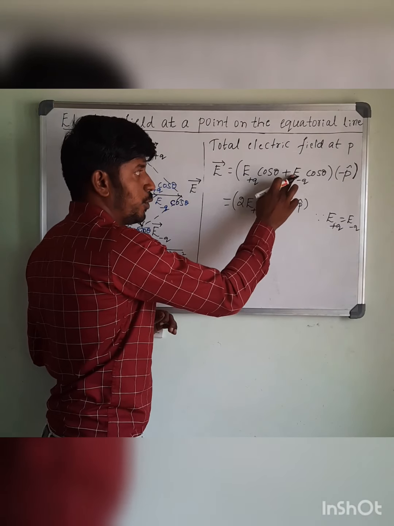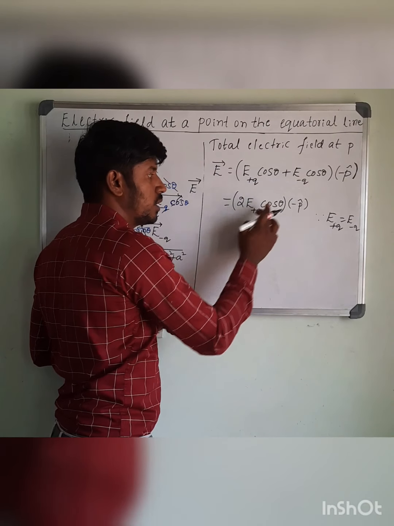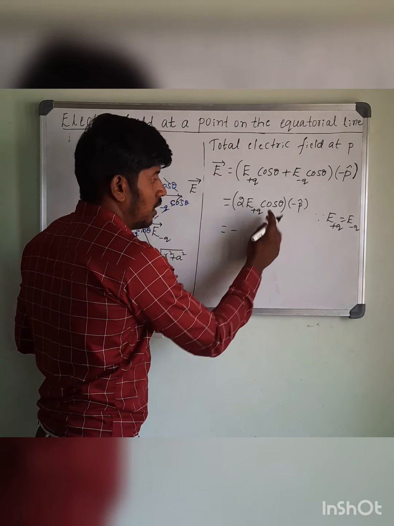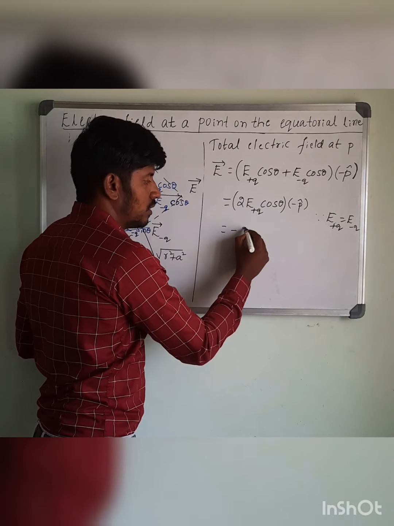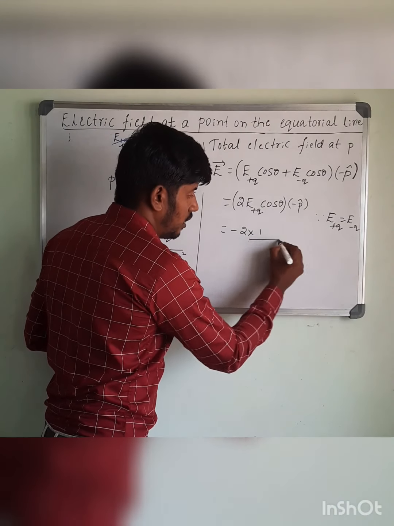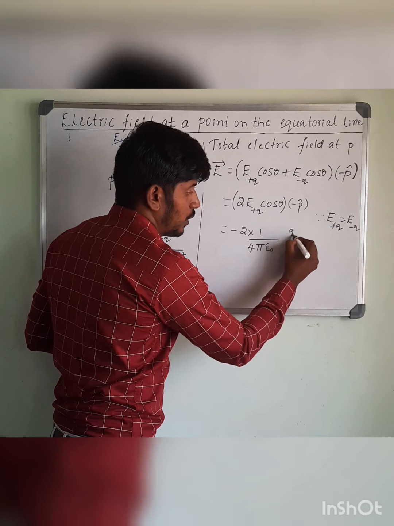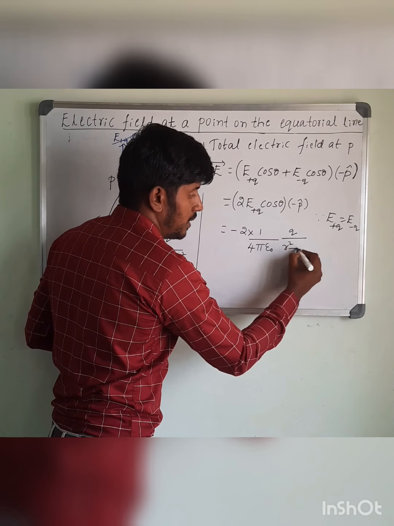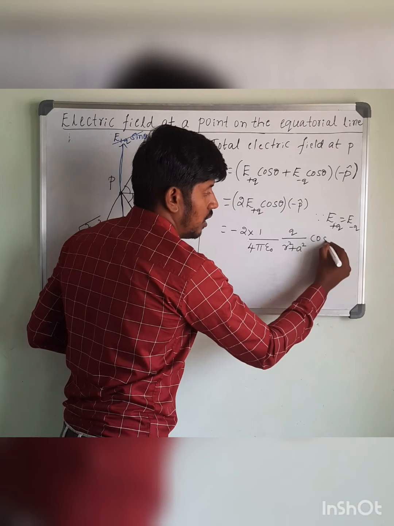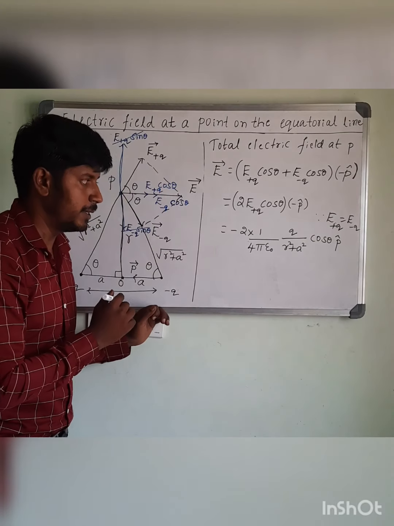That's why if you replace E minus Q by E plus Q, it is 2 times E plus Q cos theta. That equals minus 2 into E plus Q magnitude, which we already found: 1 divided by 4 pi epsilon naught, Q divided by r square plus a square, into cos theta into p cap. The negative sign is already written here.